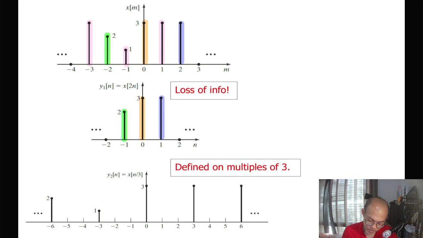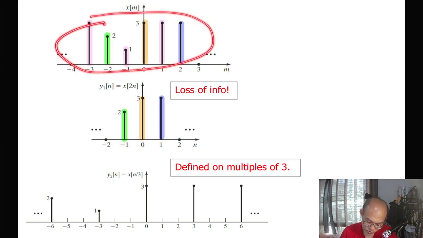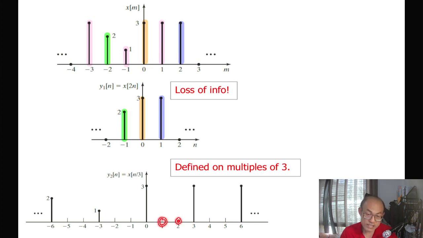But these instances are not defined now. Okay? Because there are no samples here for x to begin with, so you don't have samples in these instances. Okay, you see the brown one is here.